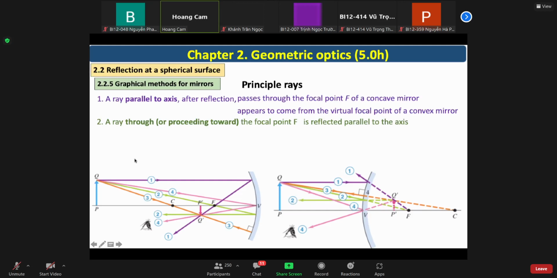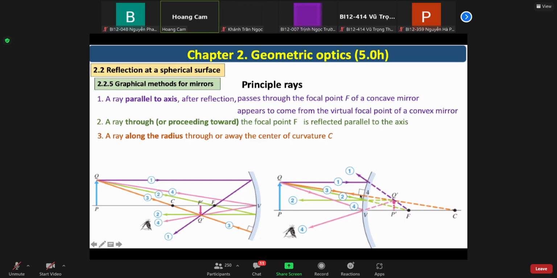The third ray is a ray along the radius, because we have here the center of curvature point C. If it passes through the center of curvature, which for the convex mirror is behind the mirror, the light strikes the surface at this point, but it can't penetrate through that surface, right?